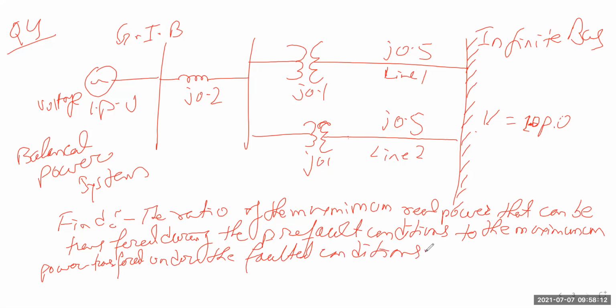So we have to find the ratio between the maximum power transferred under the pre-fault condition and after the fault condition. We have to seek this particular thing. So the ratio will be P1 by P2, right? This is what it will be.